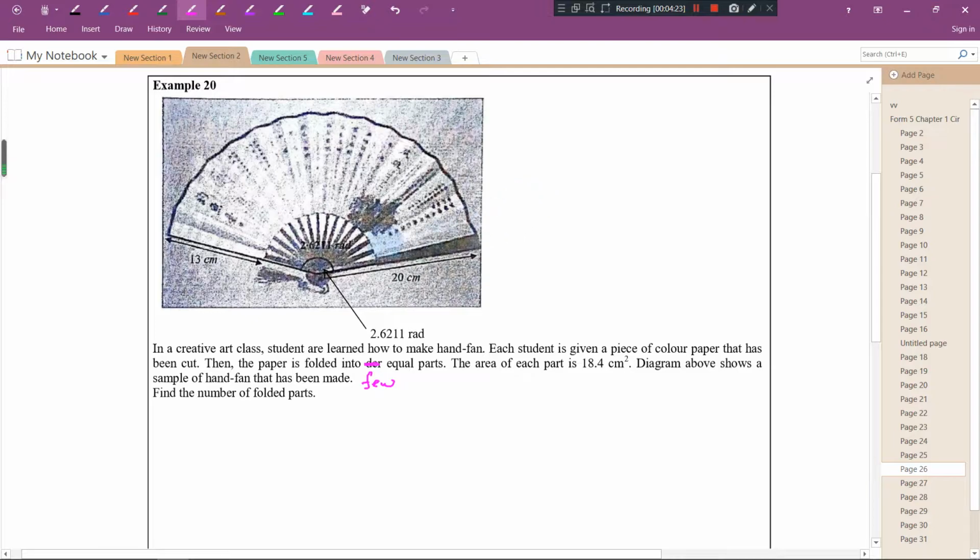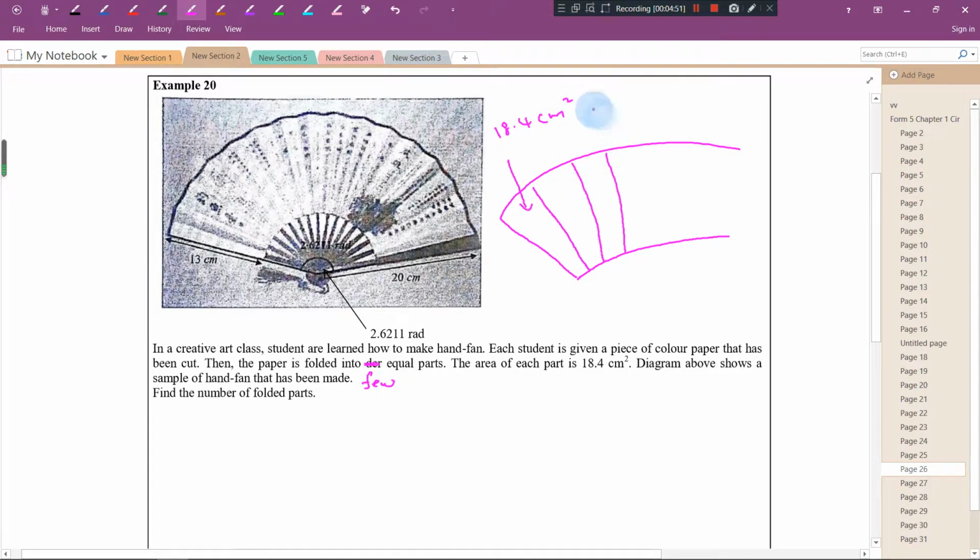It means that now I don't know how many parts I can fold here. Let me draw a simple diagram for you. So every part here, they have the same area, which is 18.4 square centimeters.